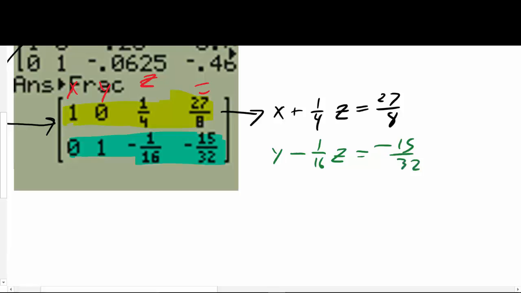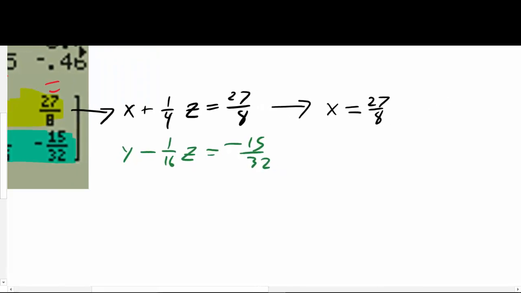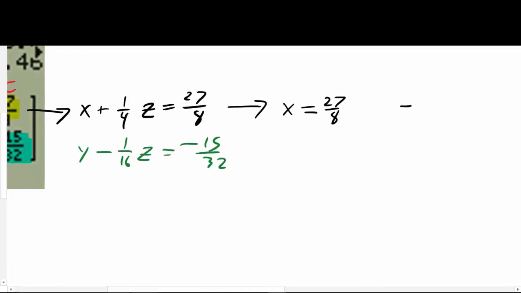So now, if I were to solve each of these equations for one of the variables, it seems easiest to solve this first one for x because it has a coefficient of 1. So I would be left with x equals 27/8 minus 1/4 z.